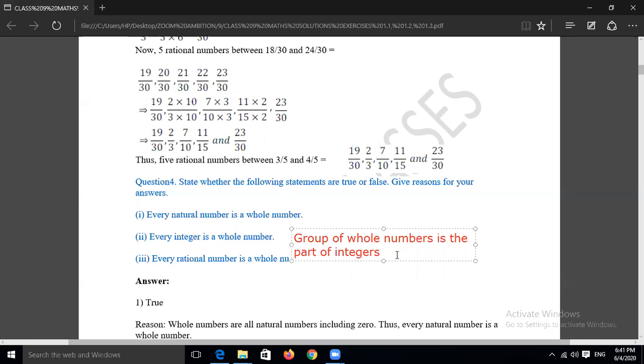We can give the example: minus 5 is an integer, but minus 5 is not a whole number.